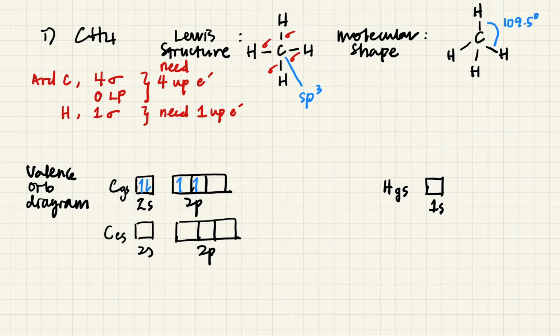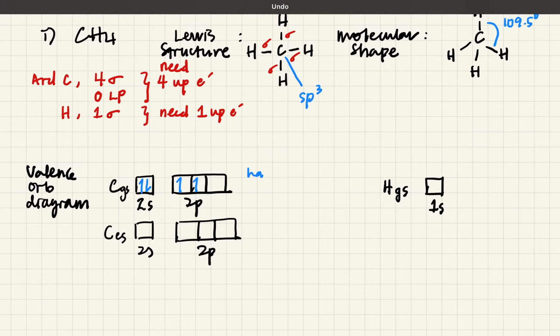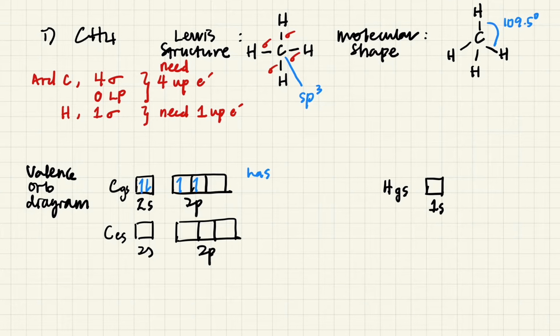So carbon at ground state, you can see it has only 2 unpaired electrons. So you can see that you have 2 unpaired electrons in the 2p orbital. But we need 4 unpaired electrons in your carbon atom because we want to make 4 sigma bonds.